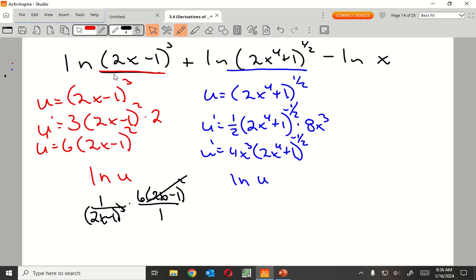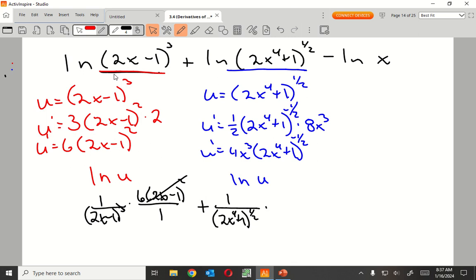Now let's do the one in blue. So there's a plus sign here. That's going to be 1 over u, so that's 1 over my u, which is quantity 2x to the fourth plus 1 to the 1/2, times u prime. This is going to be important. The negative exponent means where does that need to go?